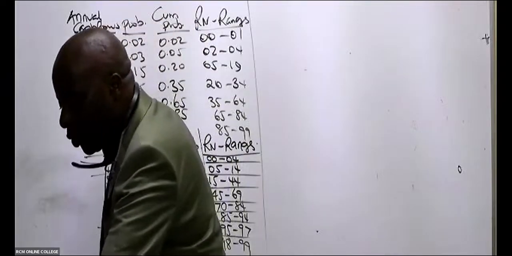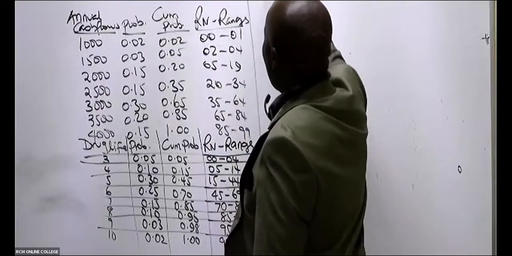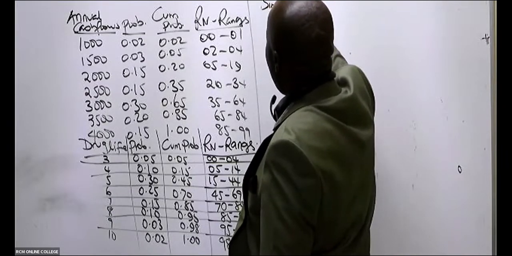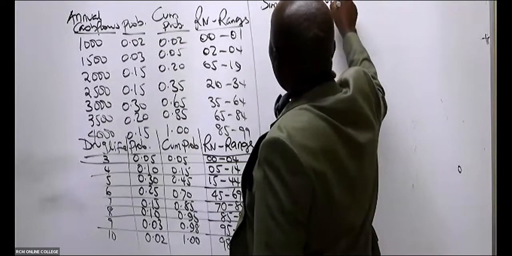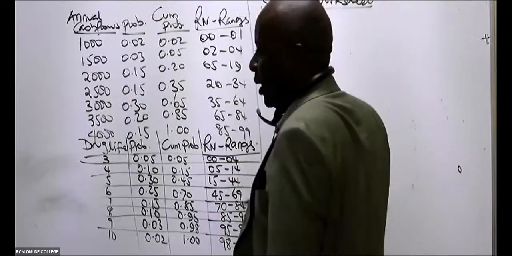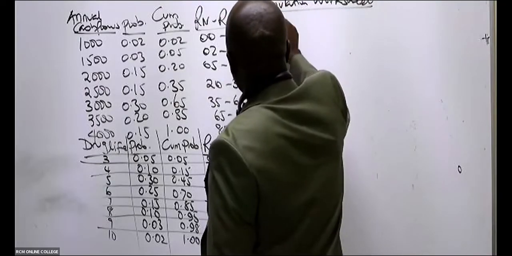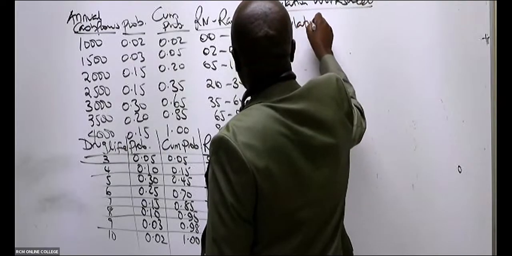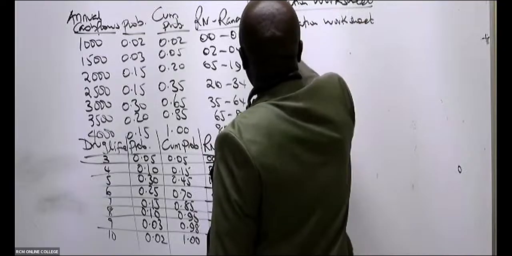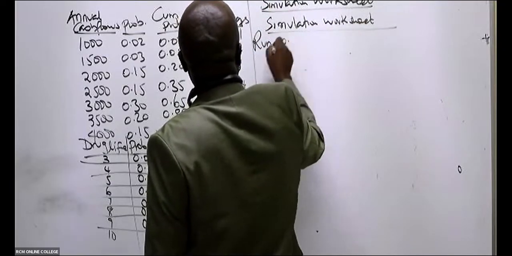Now from there, you'll be able to go and prepare the last thing, which is known as a simulation worksheet. Let me write it down here. This simulation worksheet, you shall start here with run number.